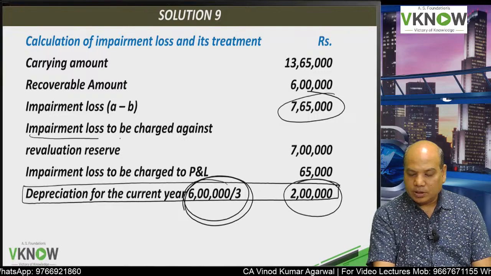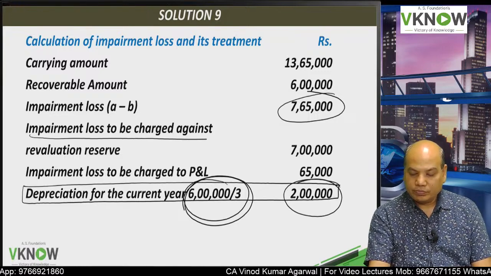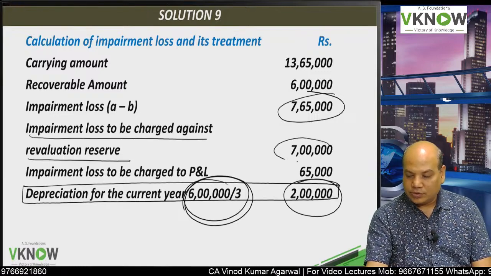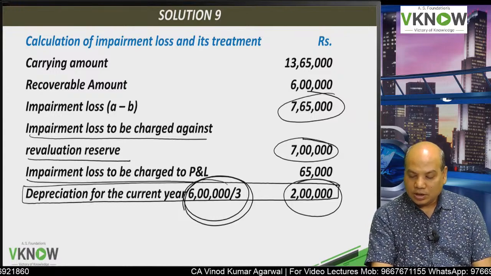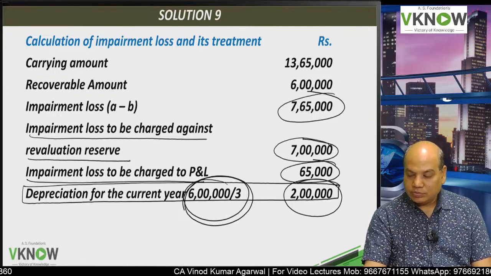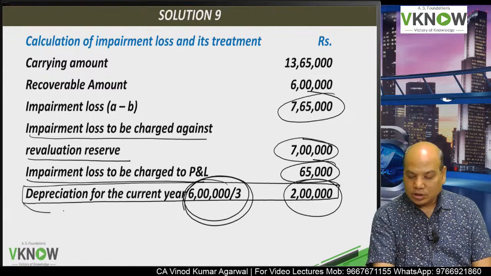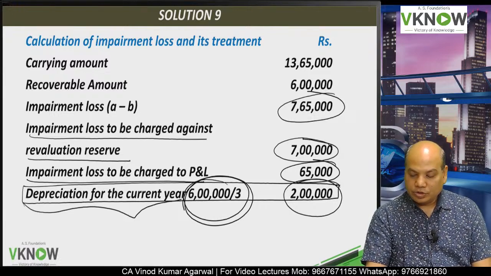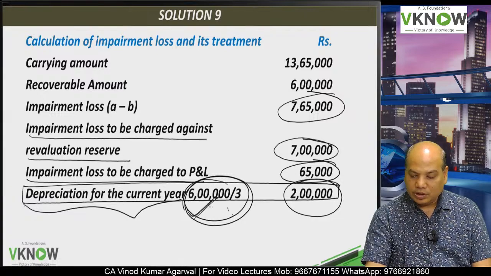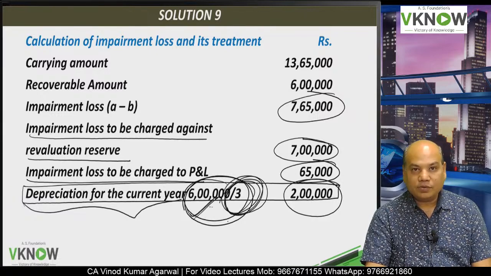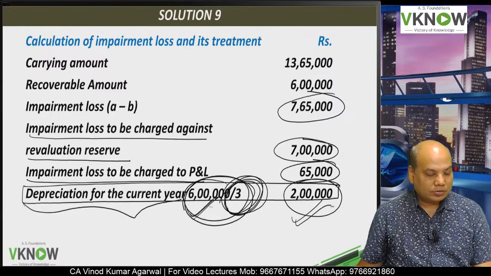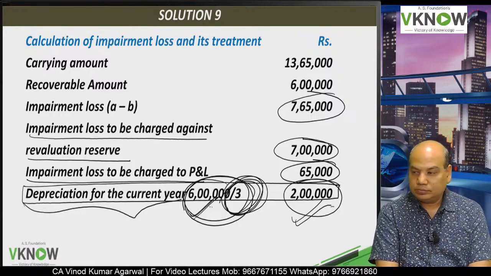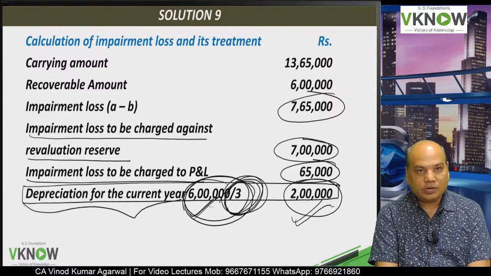Second answer, how the impairment loss will be charged? Against revaluation reserve 7 lakh, against P&L account 65,000. Third, depreciation after providing impairment loss, revised carrying amount over remaining useful life 3 years, therefore the answer is 2 lakh. Is it right now?